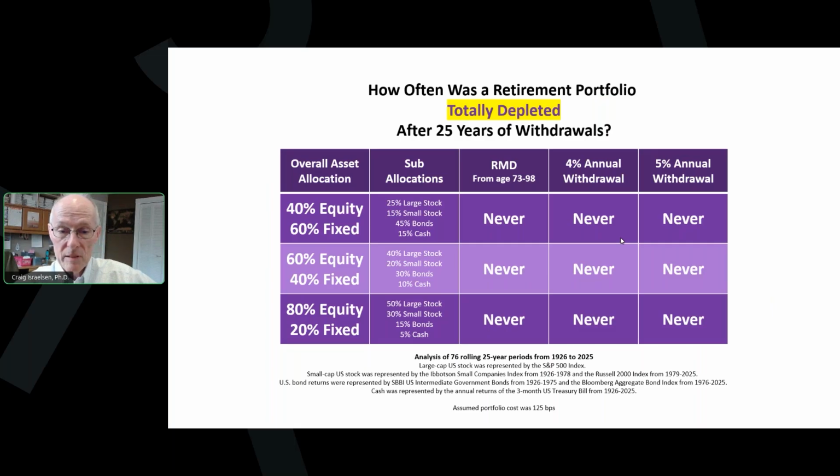Even though in the case of the RMD, the percentage will have increased from the prior year, the decline in the portfolio balance, if the portfolio had a material stock allocation, causes the balance to go down. We implement the percentage-based withdrawal, and the amount of money withdrawn is now smaller than it was at the end of 2007. That very fact of how the mathematics plays out allows the portfolio to somewhat recover.